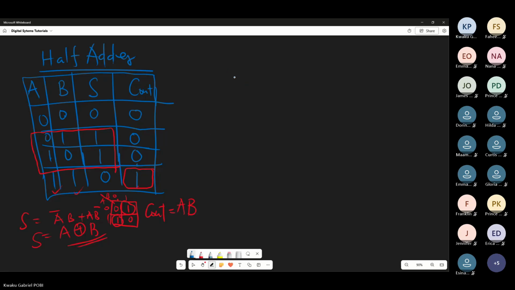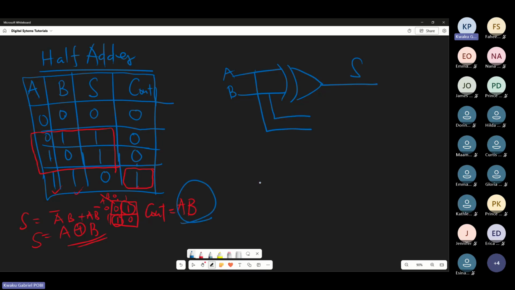So here, your 2 input half adder has inputs A, B, and then the sum is an XOR like this. This is your sum. And then your carry, you can tap here. It's like a short wire, so it's still the same signal. But then it's AB, so you need an AND gate. So I'll AND them together, and this will be my carry out.